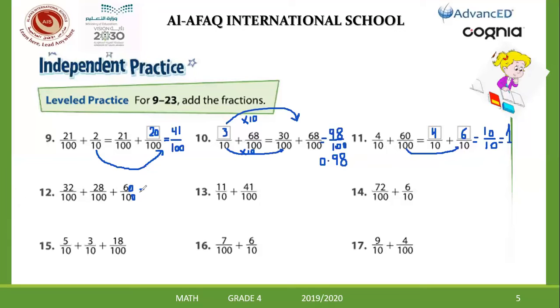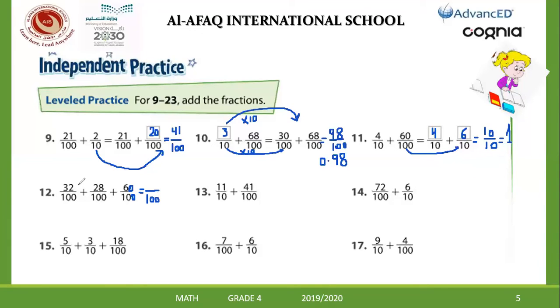This way, we got the trick for adding fractions. All the fractions have the same denominator. When we add all the fractions together, we keep the denominator the same. Then we just add the numerators together.